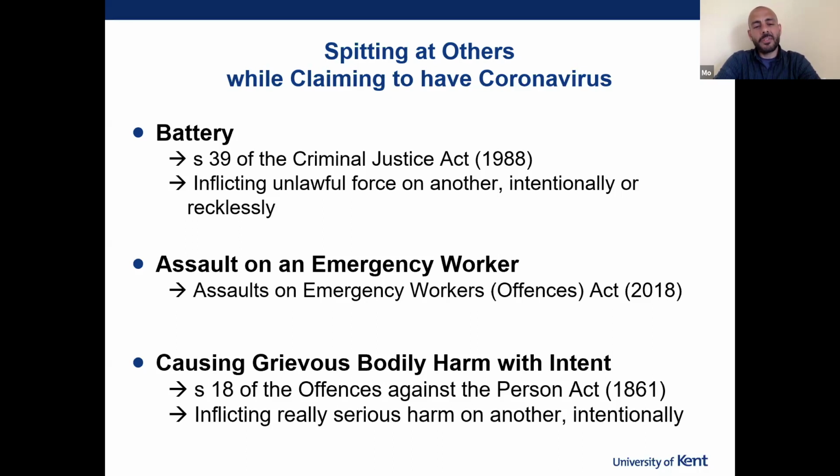Now, here the difference is, again, you're using force on somebody else, but you're intending to cause that victim serious bodily harm, really serious harm, something often referred to as grievous bodily harm. Now, that's the most serious offence against a person, and it carries a maximum sentence of life imprisonment. Say, if you try to infect somebody with the coronavirus intentionally, that could be another avenue for the prosecution to take.